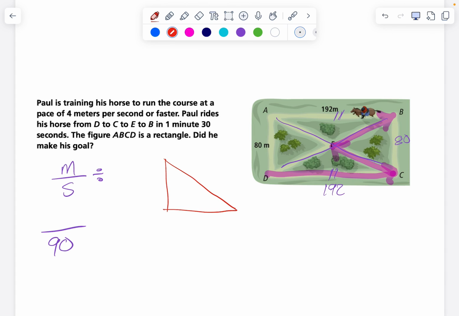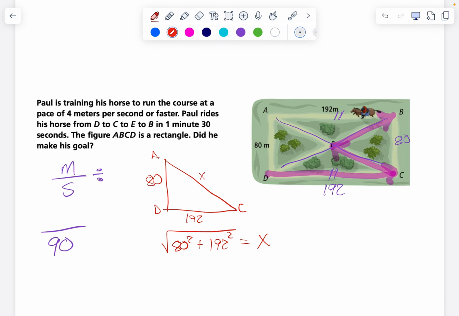I'm going to zoom in on this left half of the rectangle. So we need to know this, x, I'm just going to call it, so that we can split it in half. And this is a right triangle, so 80 squared plus 192 squared, square rooted. That's going to give us c, or in this case I called it x.